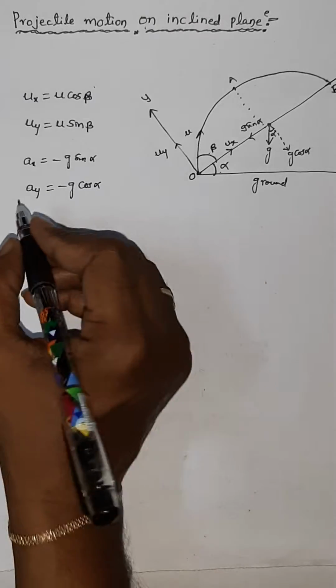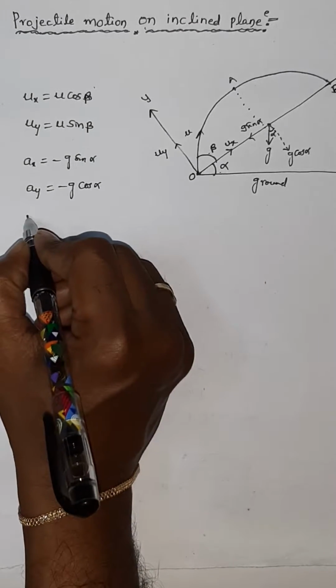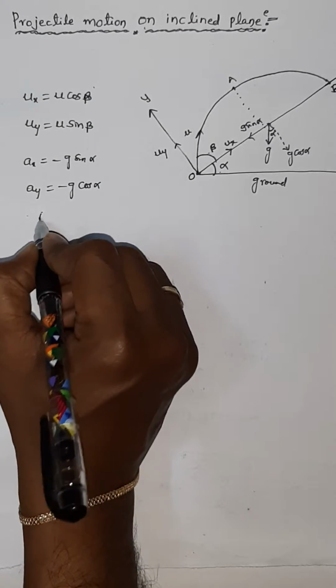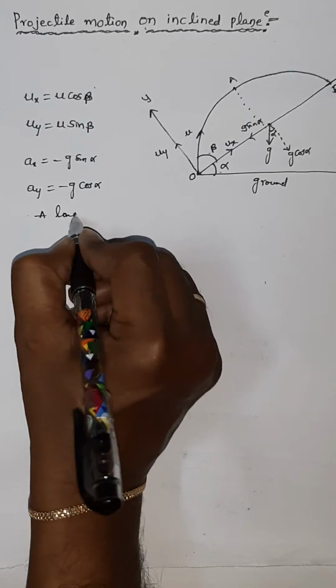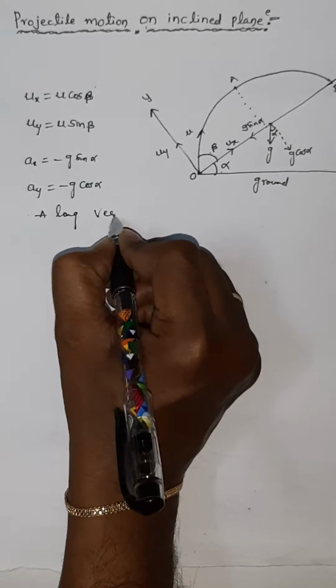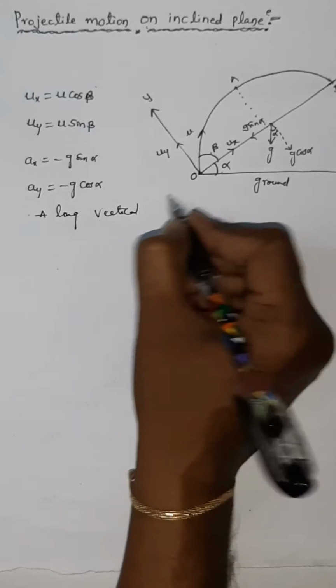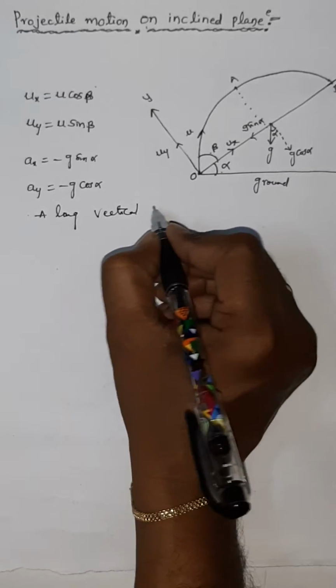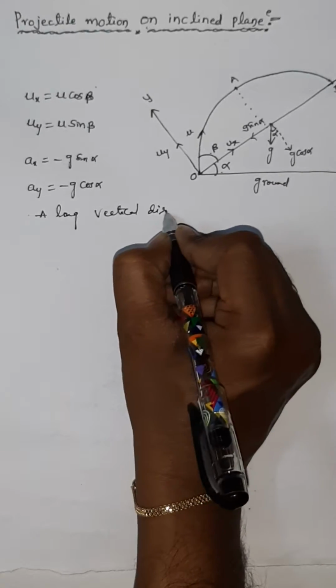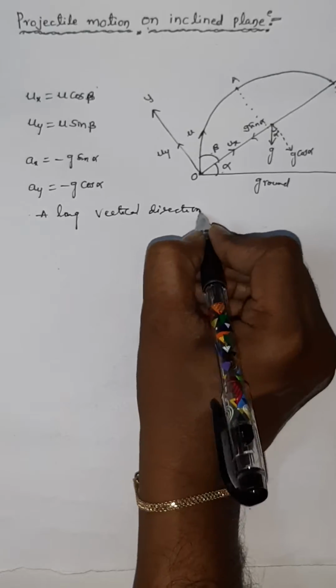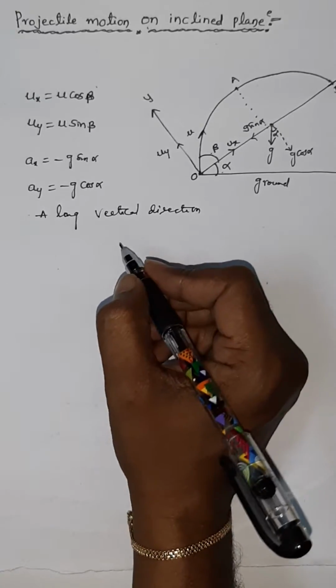Now let us talk about the vertical direction. Along the vertical direction the displacement covered by the projectile is 0.